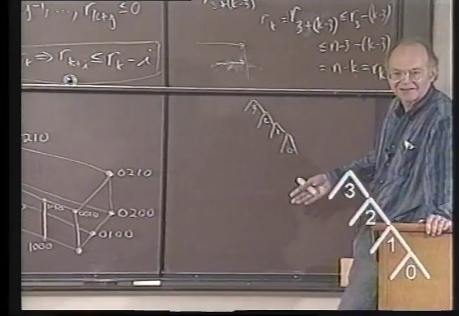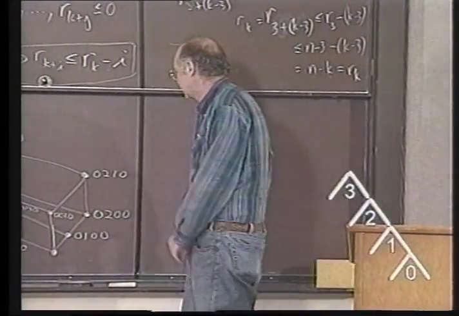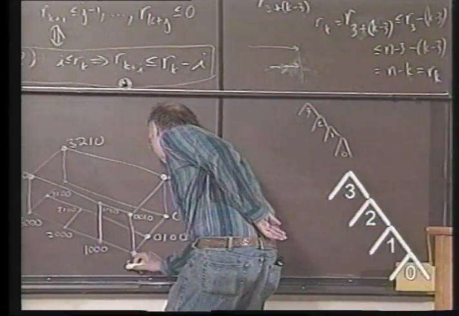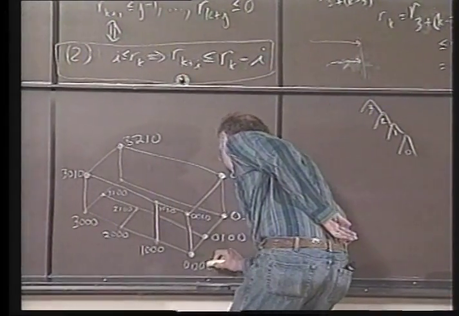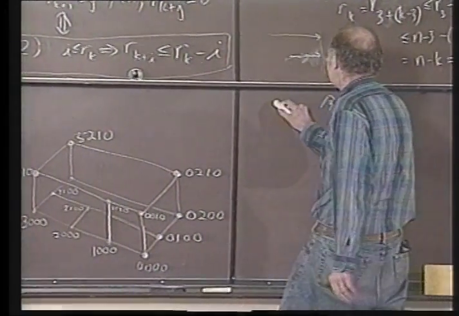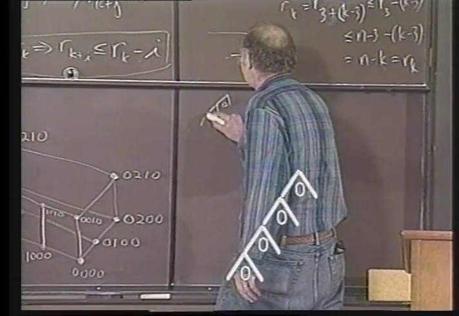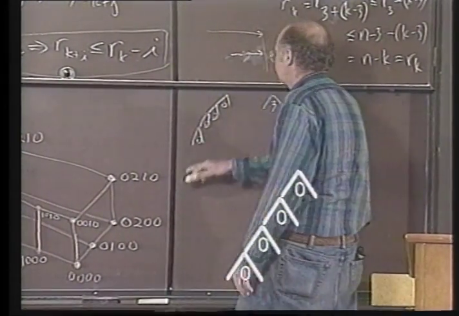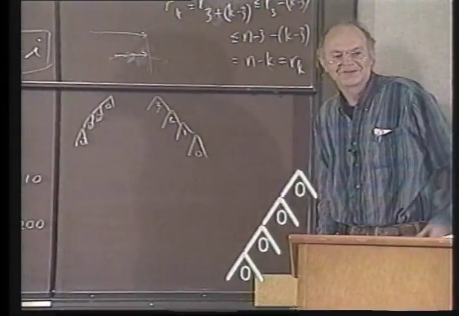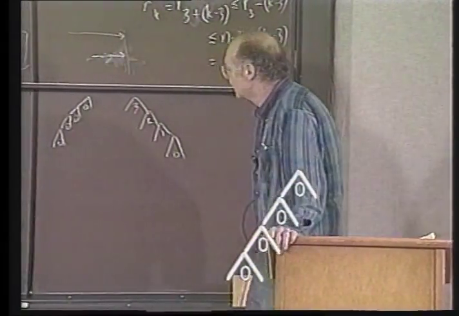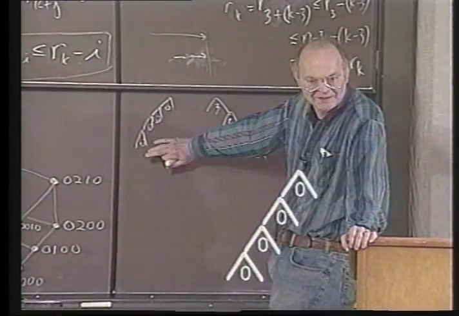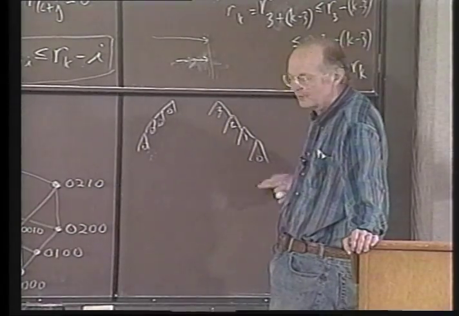This is the only one that you can't rotate from. And at the bottom here, 0, 0, 0, 0. This is the extreme 0, 0, 0, 0, where the only thing you can do is rotate. So this is the bottom element, the very smallest. This is the largest. This is the top element.